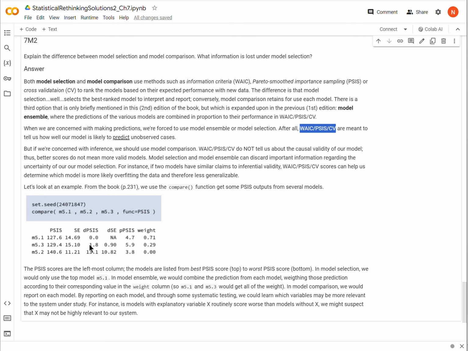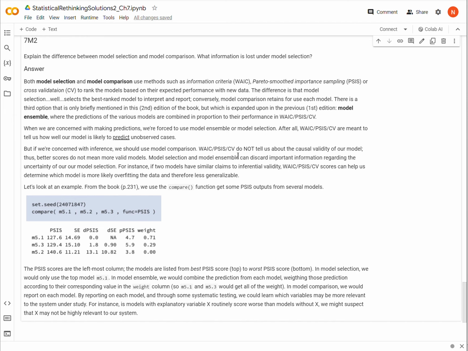So you might ask, why even use these different metrics, WAIC, PSIS, cross-validation, if what we're interested in is not prediction but causal inference? Well, say that we have three models here, and as far as we understand the system we're studying, they all have similar claims to validity; they could all represent the system.